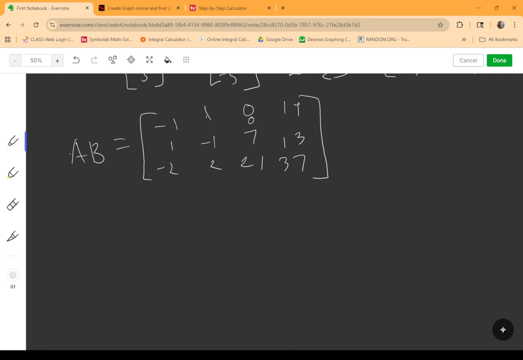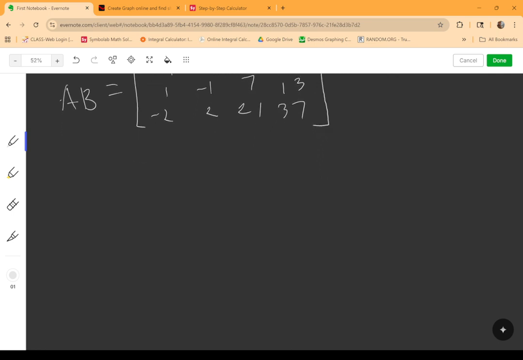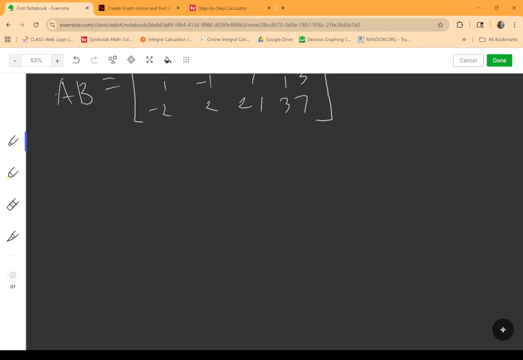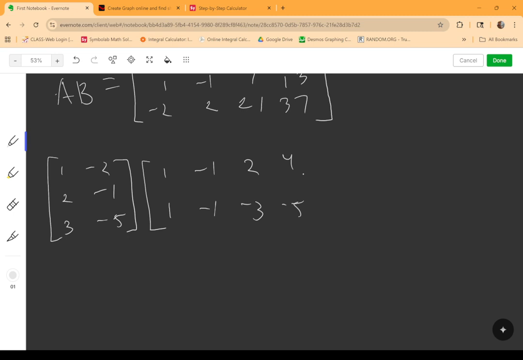Now, another algorithm that is useful to think about: if we go back to our product, there's also another way to approach this. We have matrix A as 1, negative 2, 2, negative 1, 3, negative 5, and then matrix B as 1, 1, negative 1, negative 1, 2, negative 3, 4, negative 5.